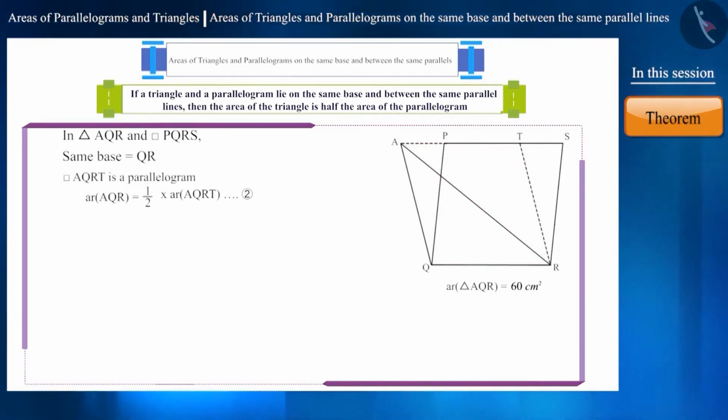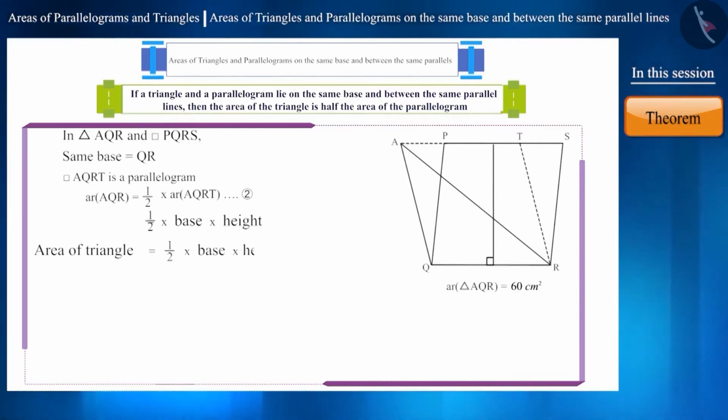We know that the formula for the area of a parallelogram is base into height. So, with the help of this formula, we can also find the formula for the area of a triangle, which will be half into base into height.